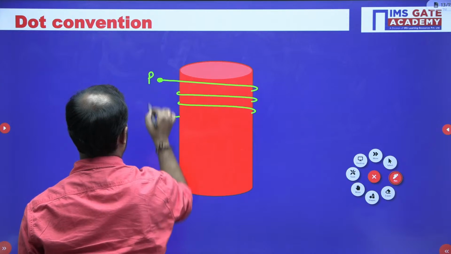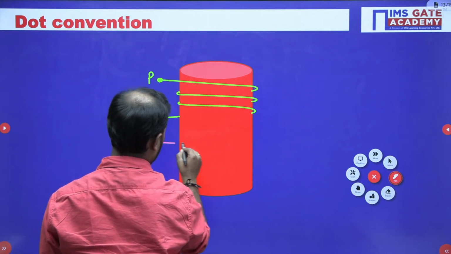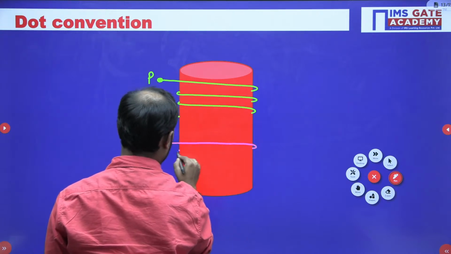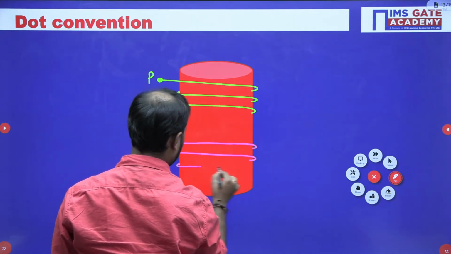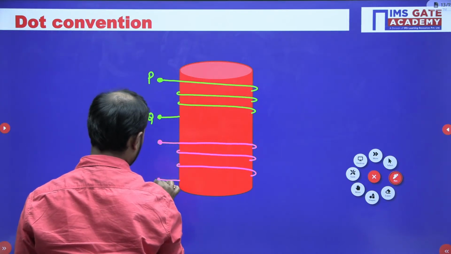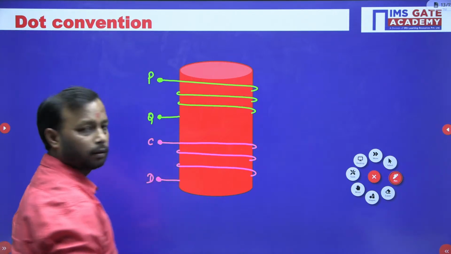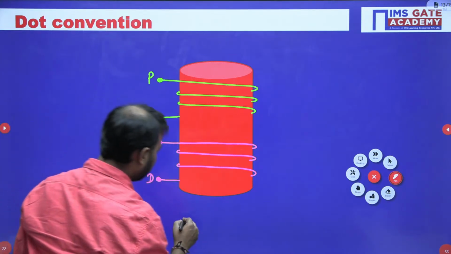So let me take P, Q, C and D for opposing flux.